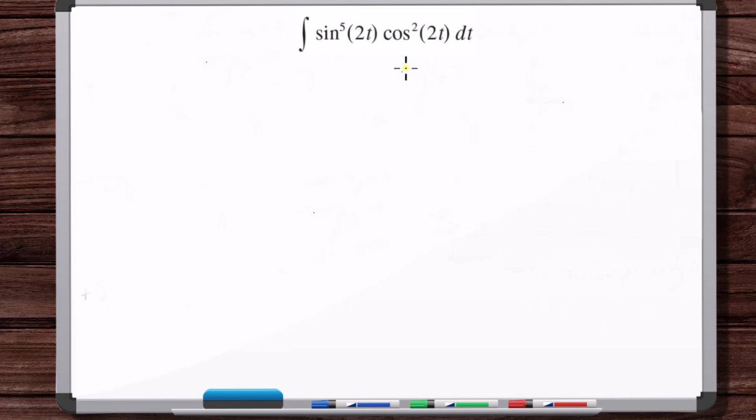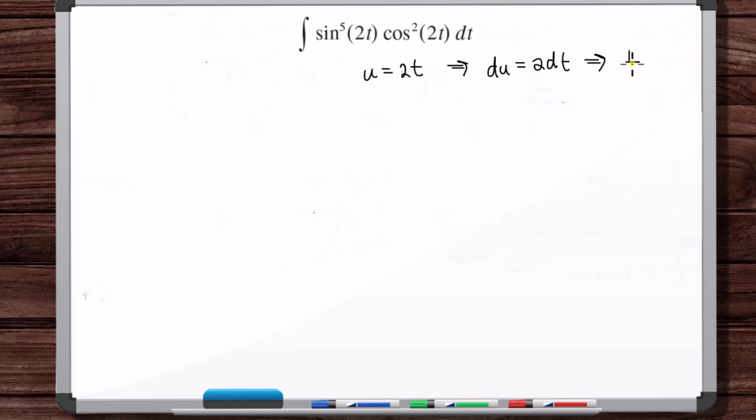All right. So when you see these two t's here, you might get caught up in thinking, oh, we're going to need to use a half angle identity, or maybe a double angle identity. But if you notice, if we just say u is equal to 2t, then du is equal to what? du dt is equal to 2, so du is equal to 2 dt.